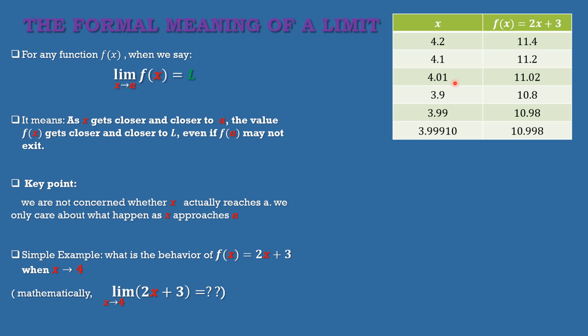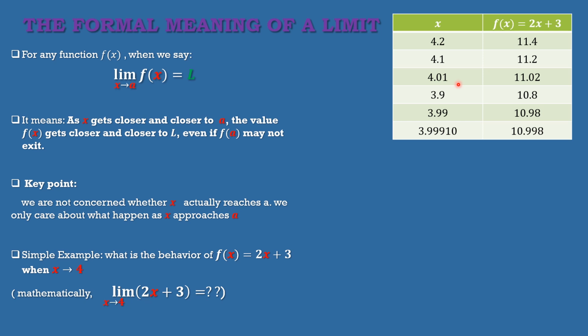You do the same for 4.01, and the result is 11.02. When you substitute 3.9, the result is 10.8, and so on. We have 10.98 for 3.99, and 10.998 for 3.999. All these values indicate closeness to 4.